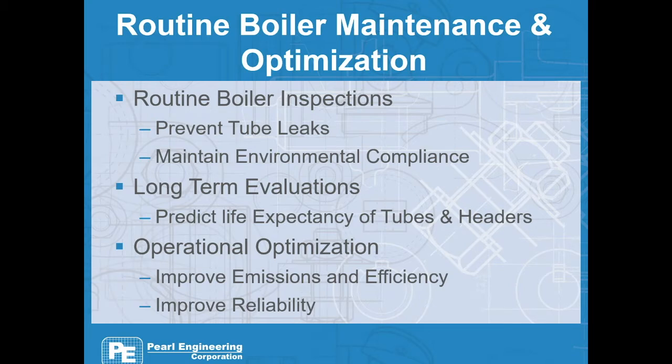Across the industry right now, about 50% of operating boilers are at least 40 years old. There are techniques to look at your superheat outlet headers and your superheat tubes and determine how much life you have left in them before you're ready to plan a capital project for replacement, or on the other side, if it makes sense to look towards retirement.